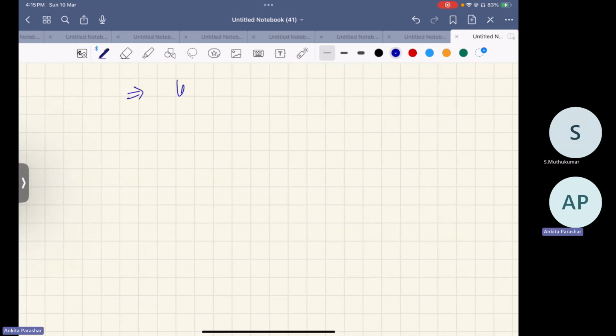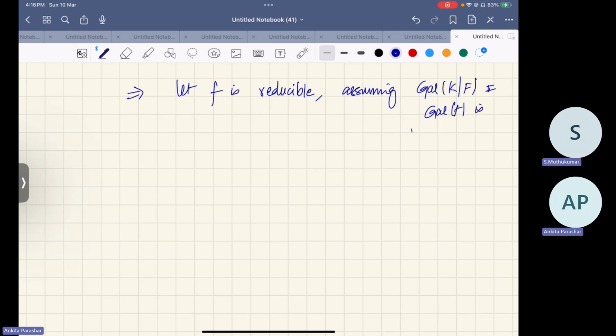So suppose F is reducible, but you are assuming that the Galois group is a transitive subgroup, so this is equal to Gal(F). This is a transitive subgroup of S_n, if the degree of F is n.